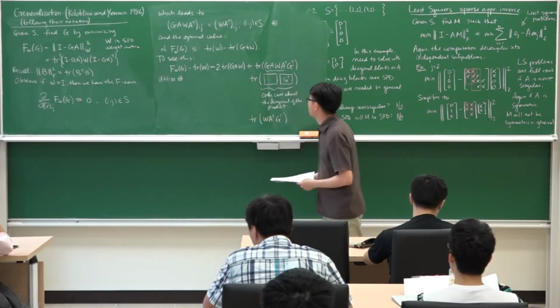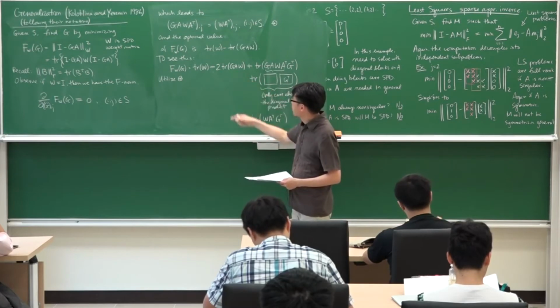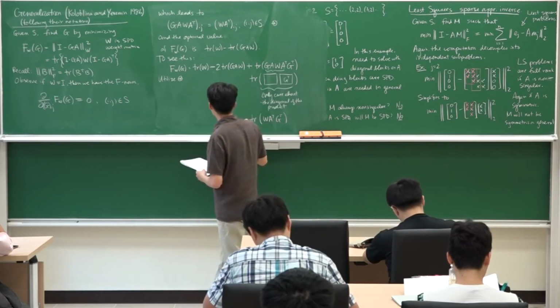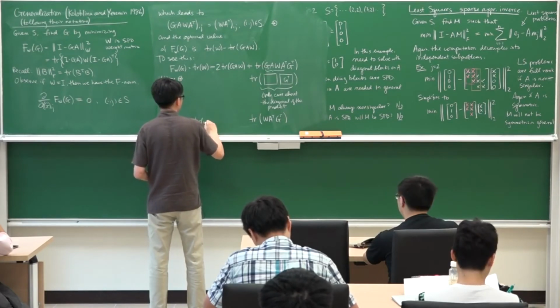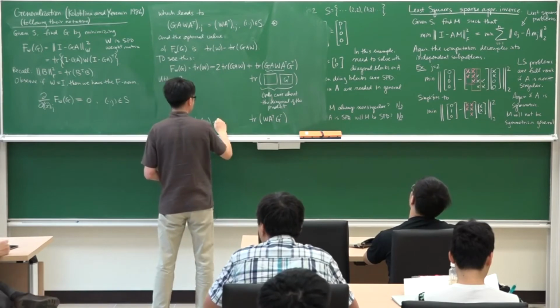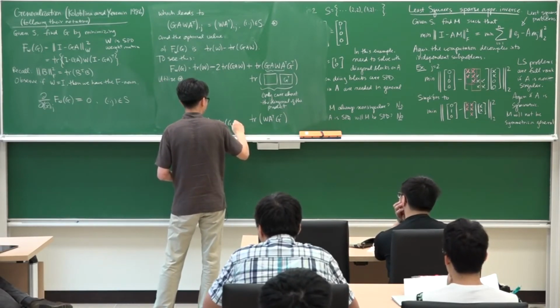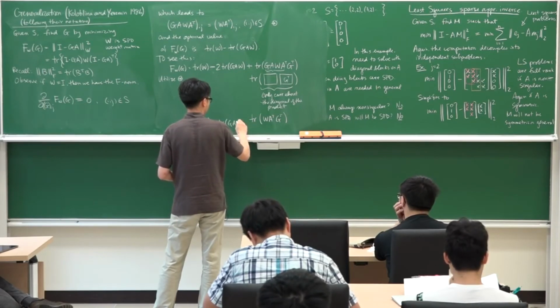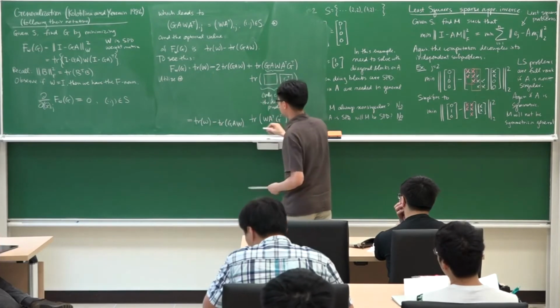So these two traces are the same. So the final optimal value is the trace of W. We're going to cancel out one of these over here, minus the trace of GAW. Okay.